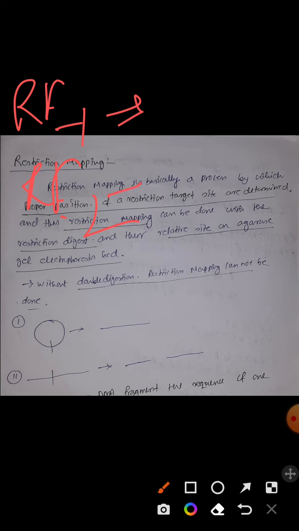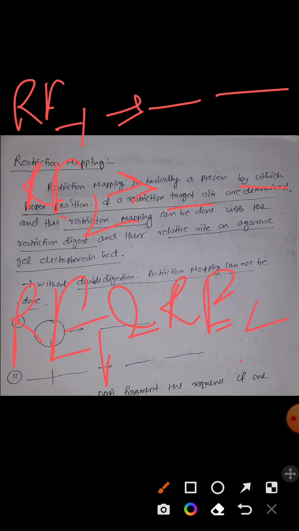So they will give you two restriction endonucleases, RE1 and RE2, and they will give you the restriction fragments generated after digestion with each enzyme, say two fragments, and they will also give you the result for double digestion. What is double digestion? That means the particular DNA molecule is treated with both.